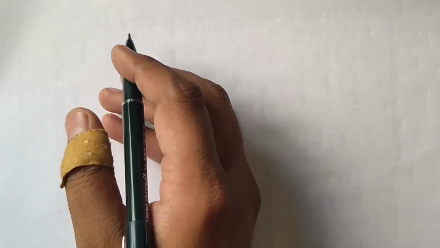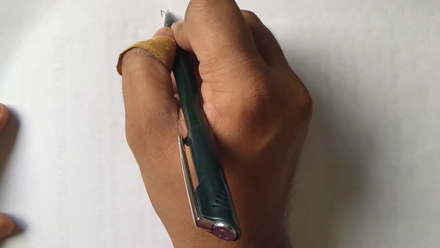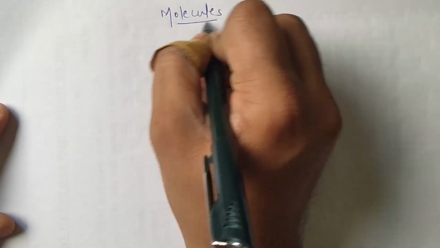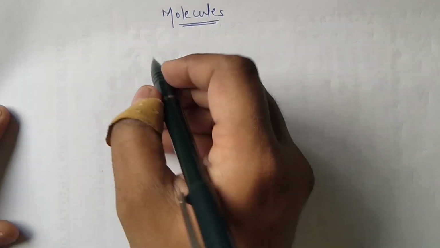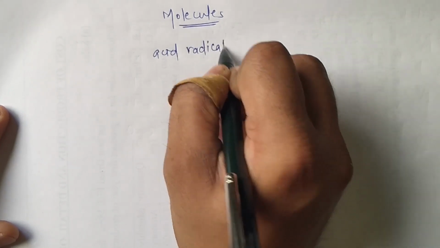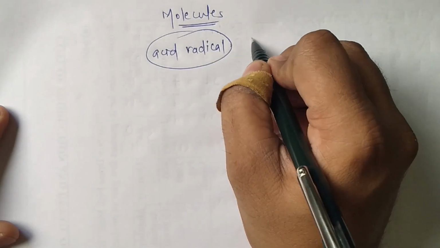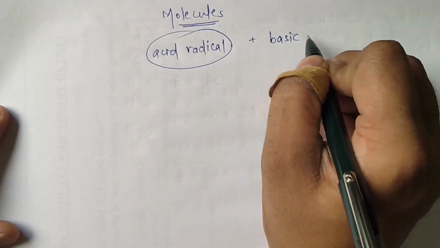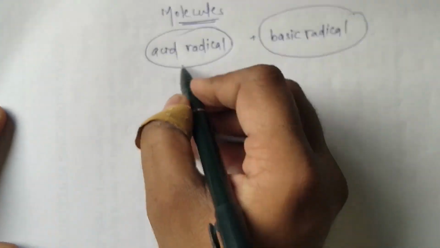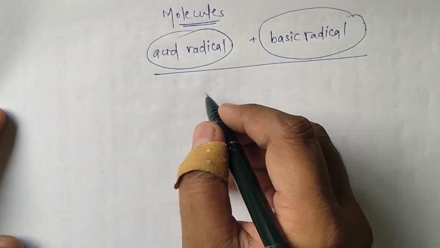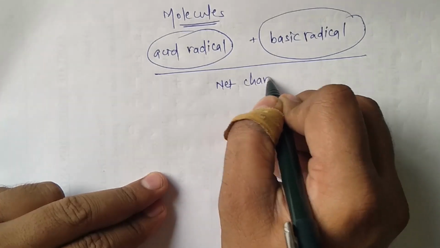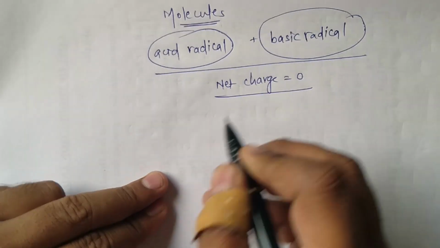So say for example, formation of molecules. I'll be using one acid radical plus basic radical, or basic radical plus acid radical, but the final molecule will have a net charge equal to 0.